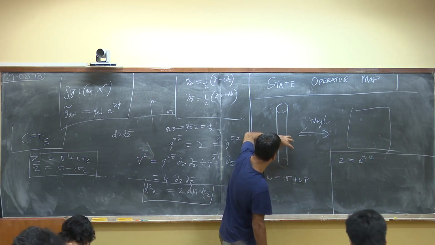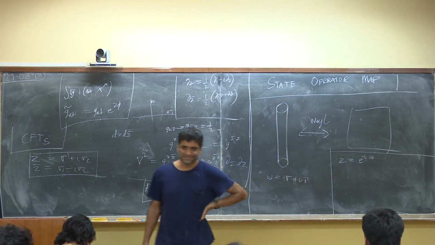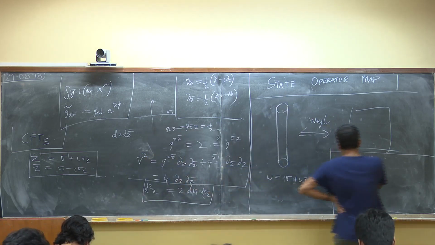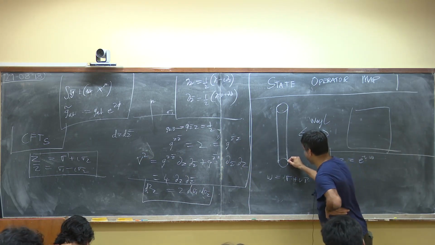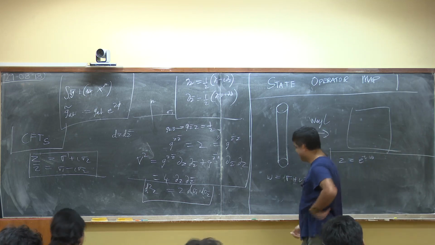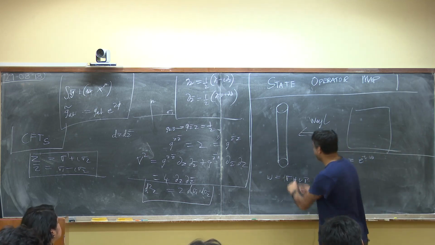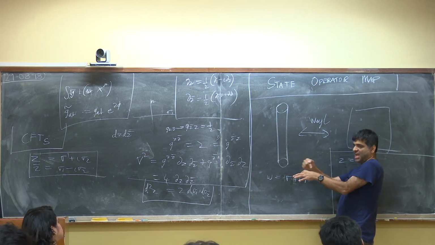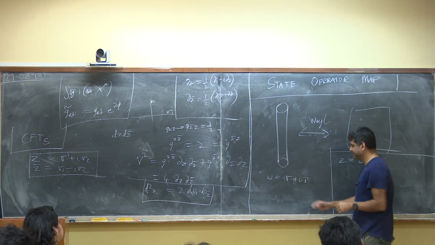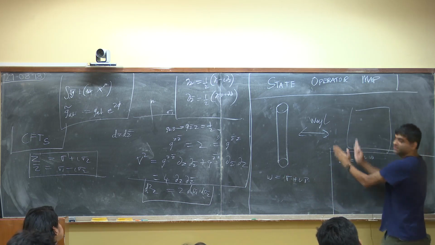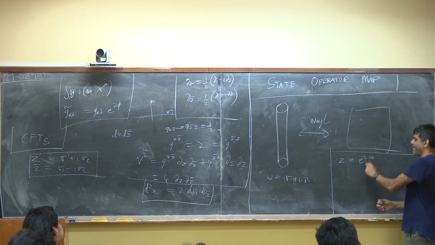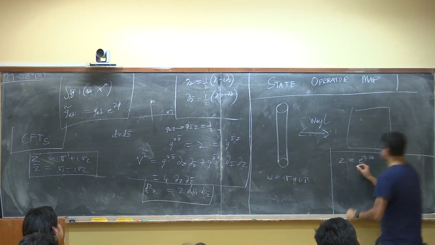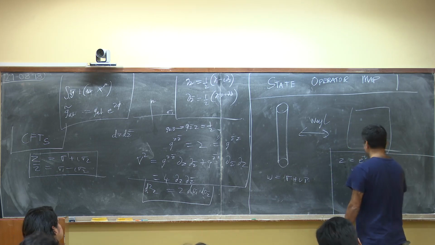I want to first convince you that this coordinate change takes this cylinder to the plane. What is this coordinate change doing? Firstly, the absolute value of z is completely set by the part of this thing that is not phase. So let's write this out: e to the power minus i sigma plus tau.